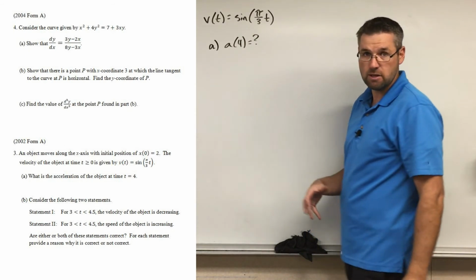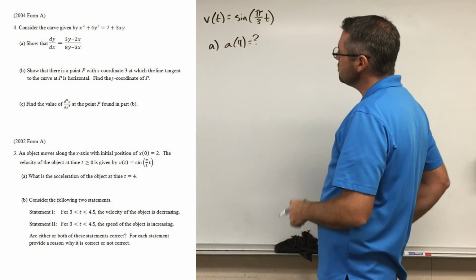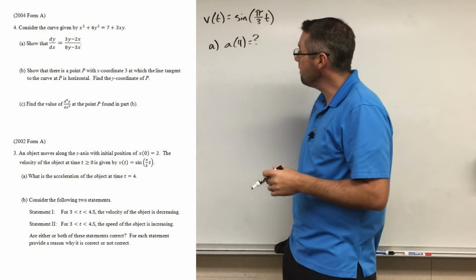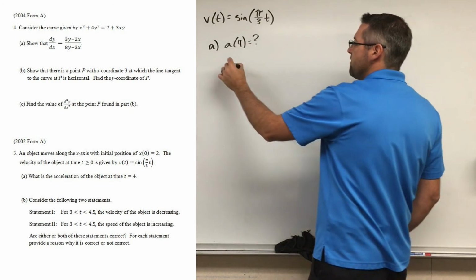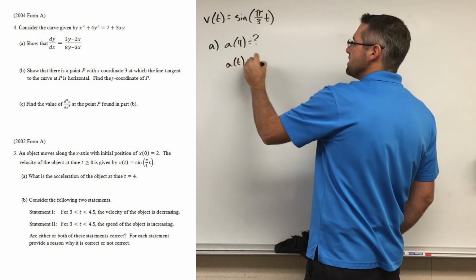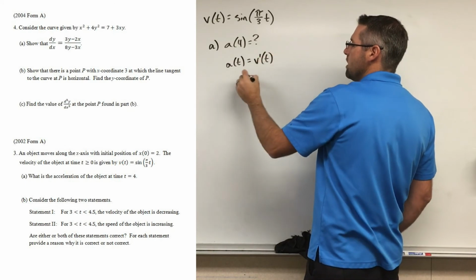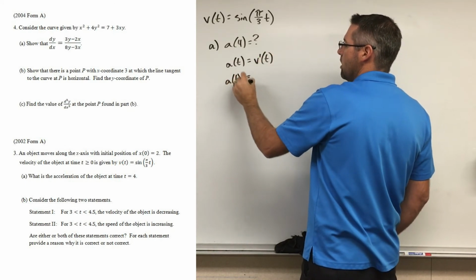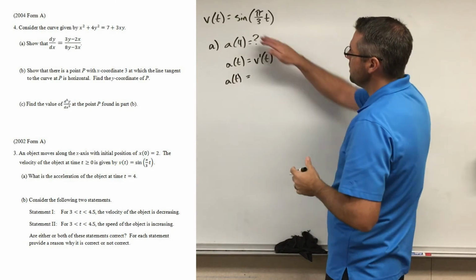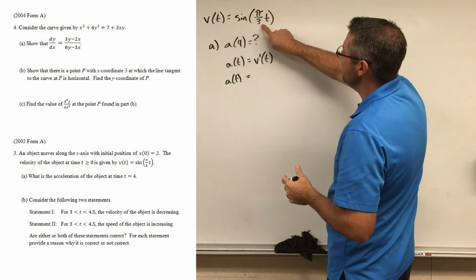Now, this is going to be a calculator-based problem, so it shouldn't be too bad, honestly. But just for good measure, to find acceleration, remember, that's taking the derivative of velocity. And we can actually do this without a calculator because we actually know the derivative of a trig function. We can use the chain rule.